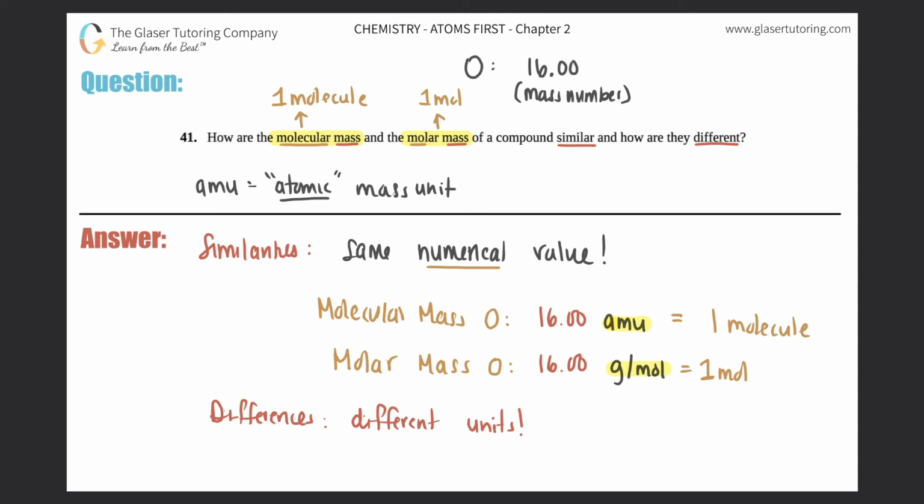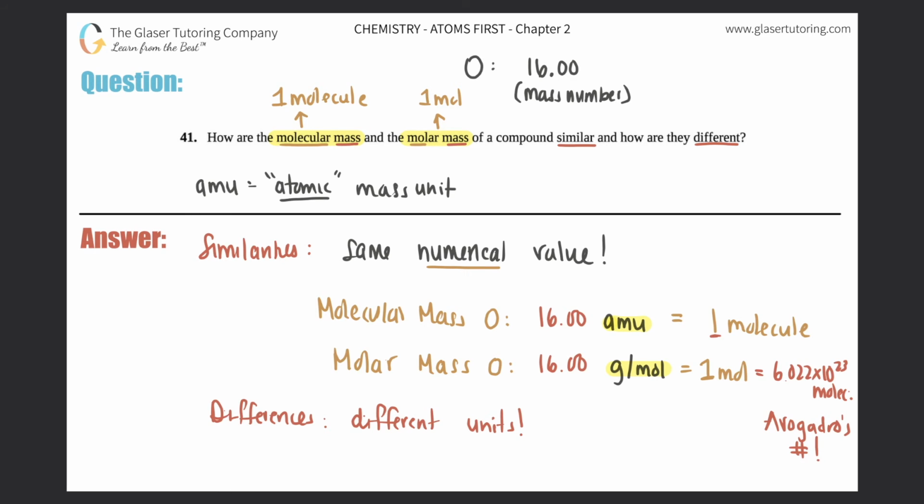And if we wanted to compare it, 1 mole equals Avogadro's number in molecules. So it'd be 6.022 times 10 to the 23rd molecules. I'll just put that. But do you see the difference? AMU is for only 1 molecule, as opposed to molar mass, which is for so many molecules, 6.02 times 10 to the 23rd. This is Avogadro's number.